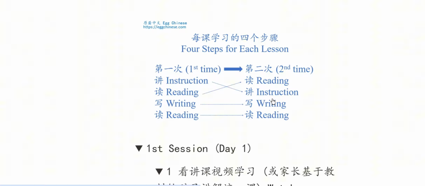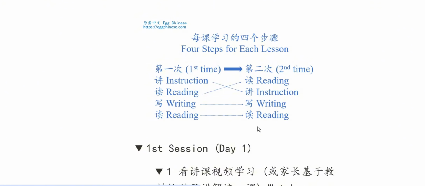This is the instruction for the second time. Then the students need to move on to the third step, writing the common characters again. And after writing, the students need to read the whole passage and the common characters again. So we can see the second time and the first time, the learning contents are all the same.